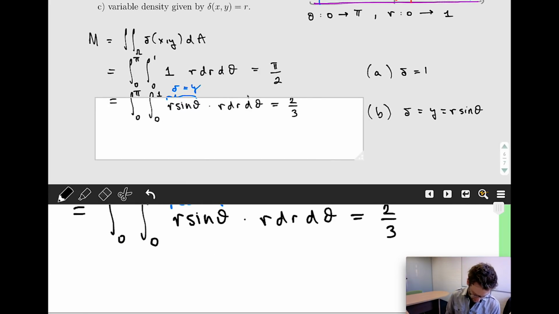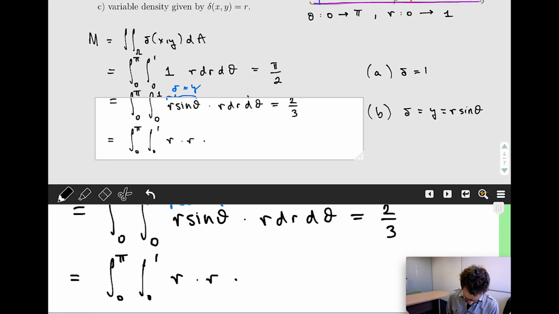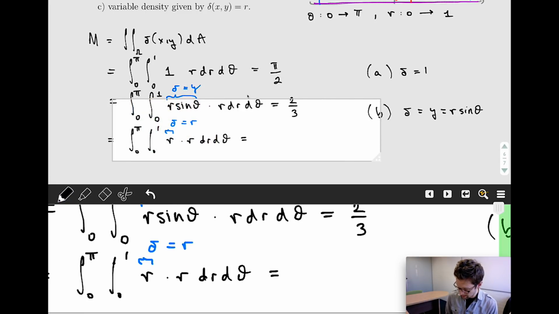And the third possibility is integral from 0 to pi, integral from 0 to 1 of r. So that's already in polar coordinates. And you can show that the mass in that case is a half.